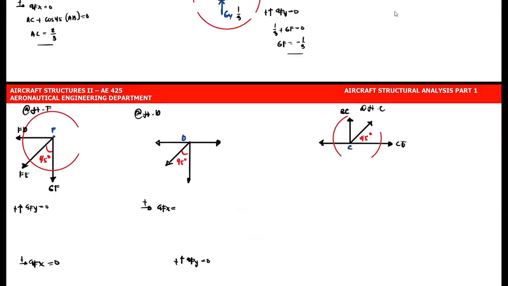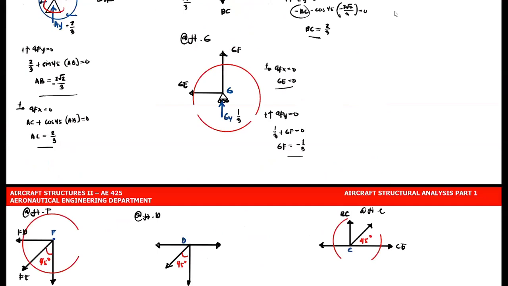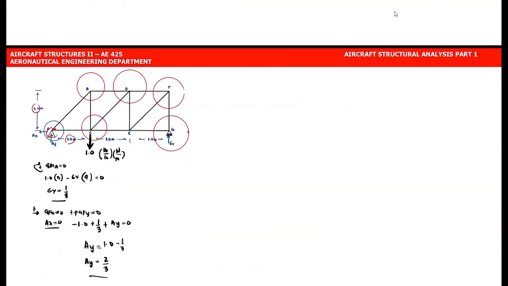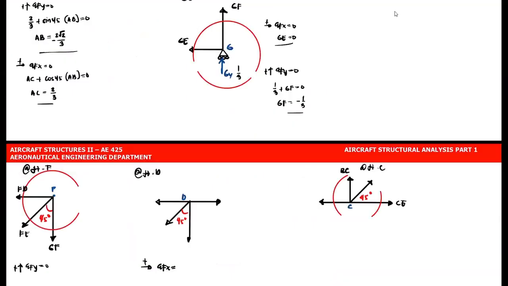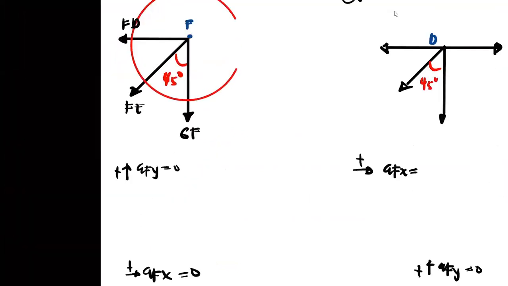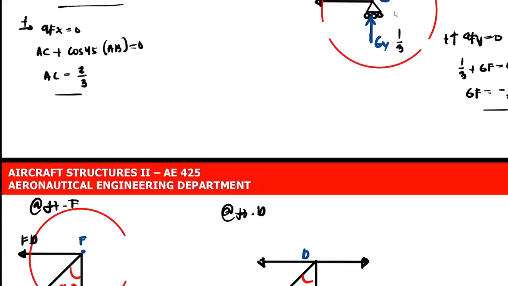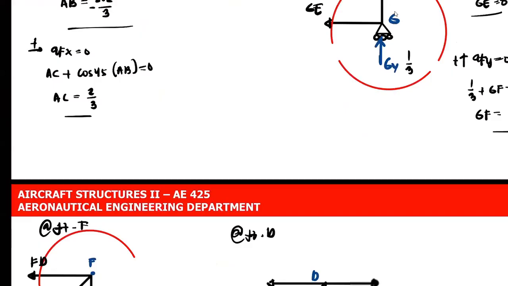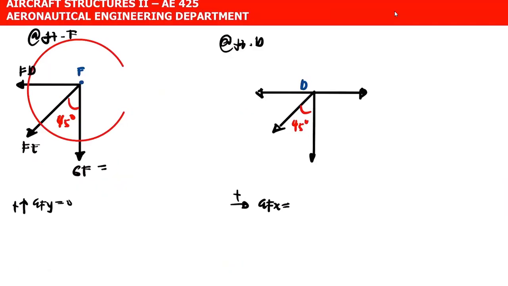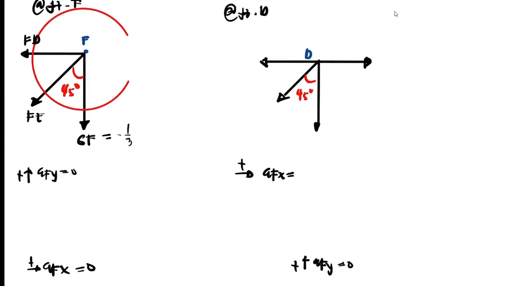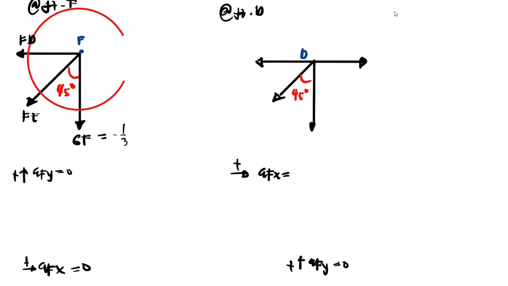Okay, sa F. Next tayo is sa F. So check natin yung F. So meron kang FD, FE, and FG. Okay? So meron ka ng GF. Ang GF mo is negative 1/3. So this is negative 1/3. So by summation forces Y, makukuha mo yung FE. So negative 1/3 minus cosine 45.